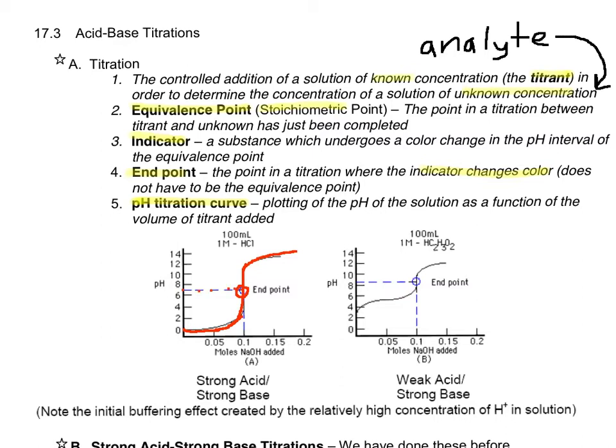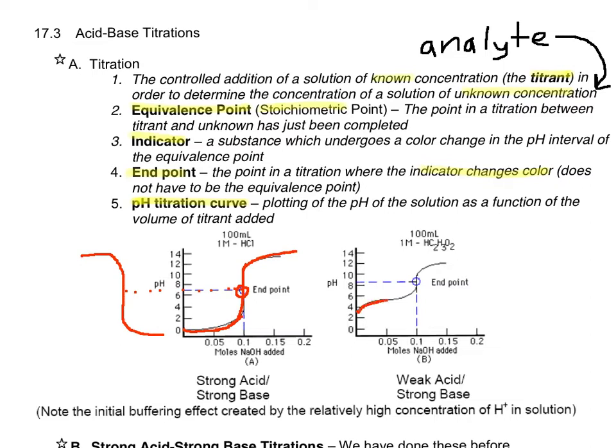If you were doing a strong base, strong acid titration, you'd have the same sort of thing, only it would look kind of like that, and your equivalence point would still be right about 7. Now, if you're doing a weak acid, strong base, or weak base, strong acid, the pH titration curve is going to look a little different. For one thing, you're starting in a different place. You're starting up higher. You're dealing with a weak acid, so its pH is maybe about 3.